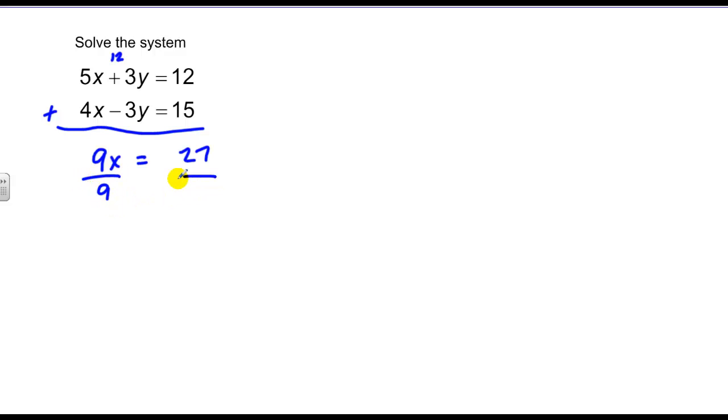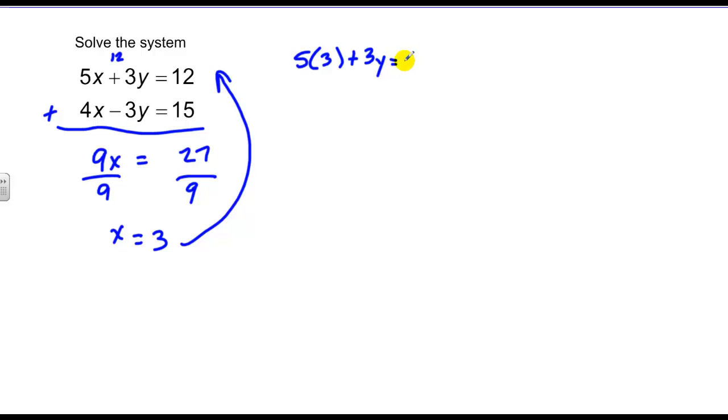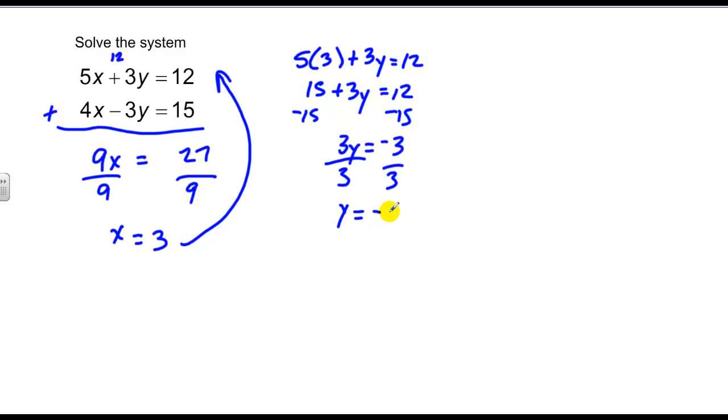Divide by 9 on both sides, get x equals 3, substitute back: 5 times 3, which is my x value, plus 3y is 12. It's 15 plus 3y is equal to 12. Subtract 15 from both sides, get 3y equals negative 3, and divide by 3. y is equal to negative 1. Thus, the ordered pair x, y is going to equal 3, negative 1.